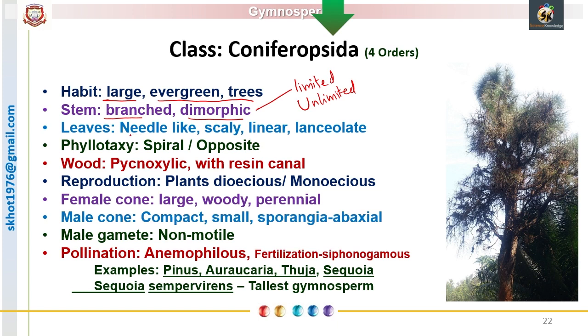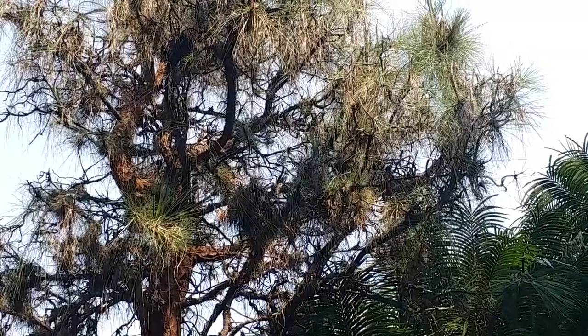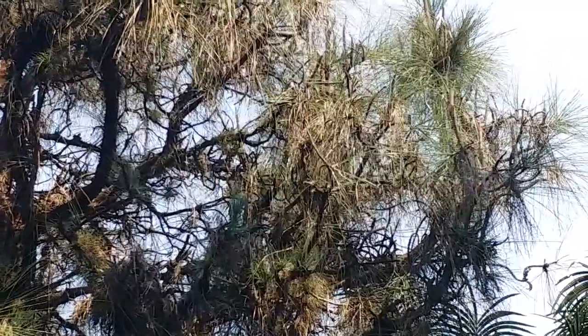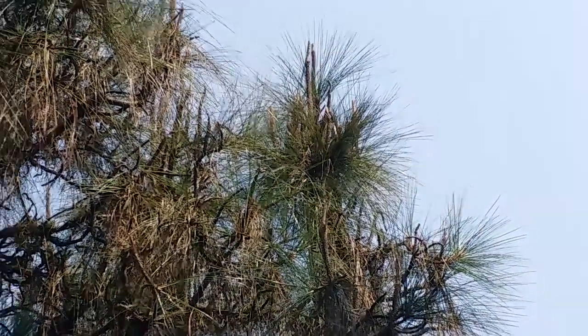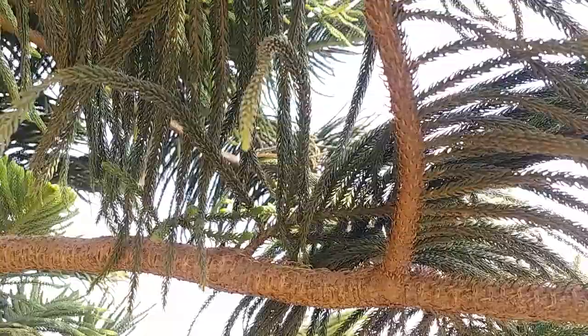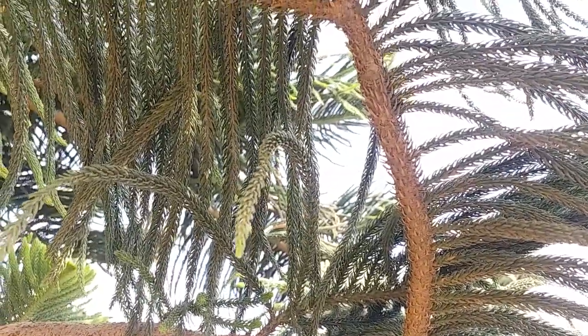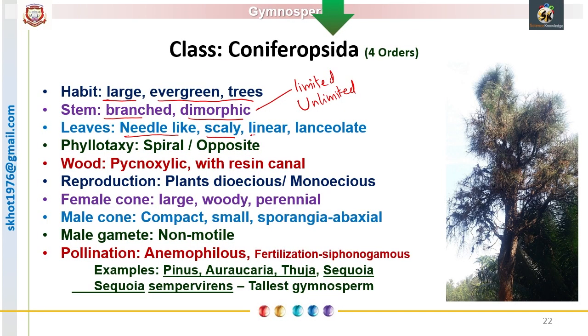The leaves are needle-like. These plants are xeromorphic in nature. Most commonly we get needle-like leaves or scaly leaves. In some specimens of the conifers, we get linear and lanceolate leaves. In the phyllotaxy, these leaves are arranged either spirally or they are opposite in their organization.